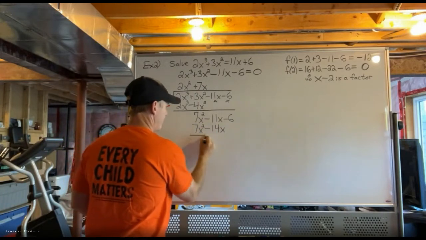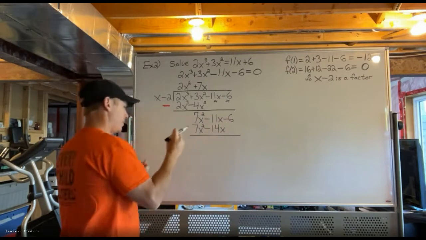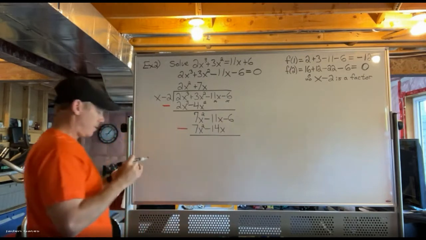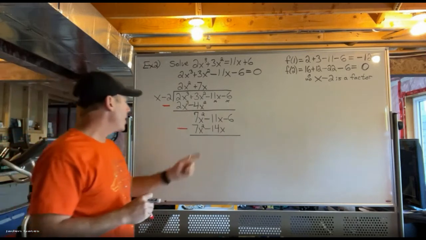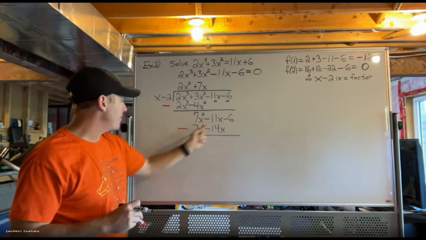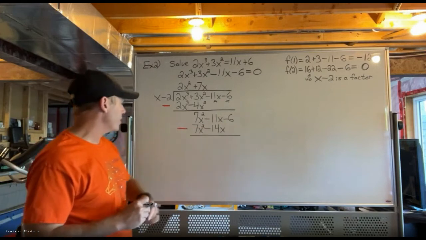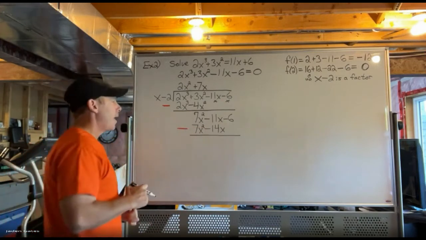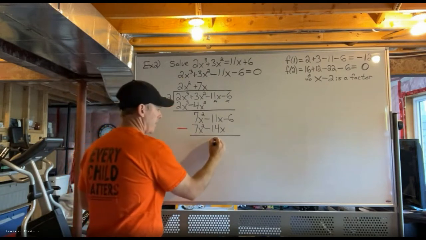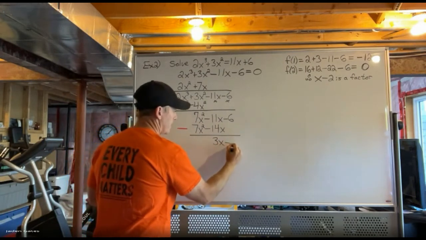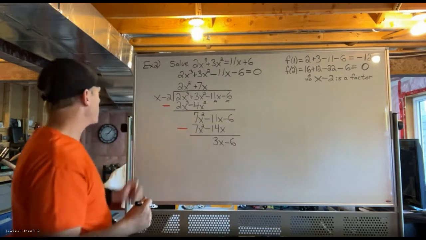Subtract. 7x squared minus 7x squared, they're gone. But then I've got the minus 11x, and the minus minus thing going on again, so that's plus. So minus 11x plus 14x is 3x. Minus 6.